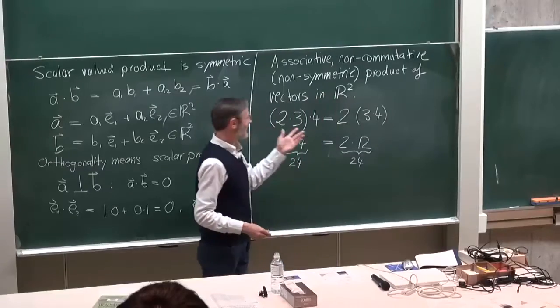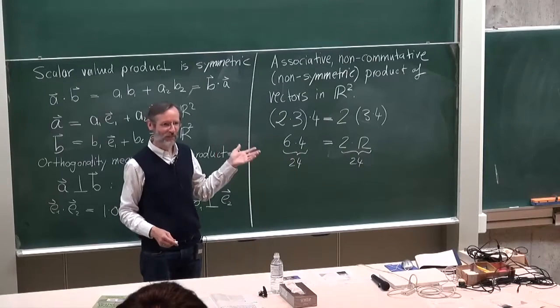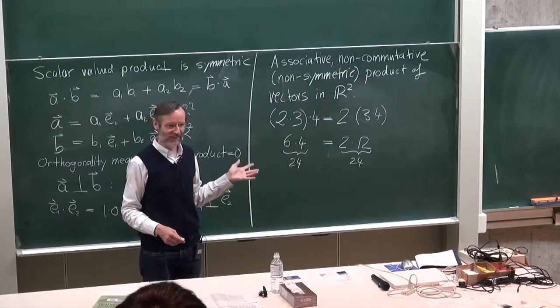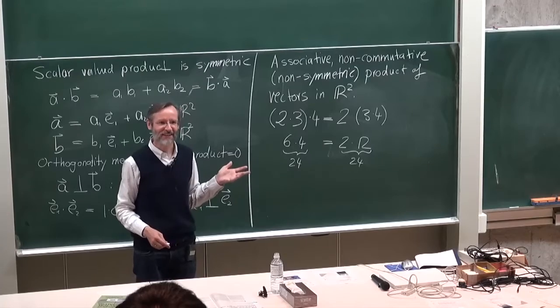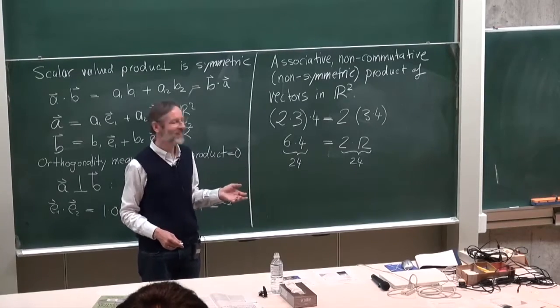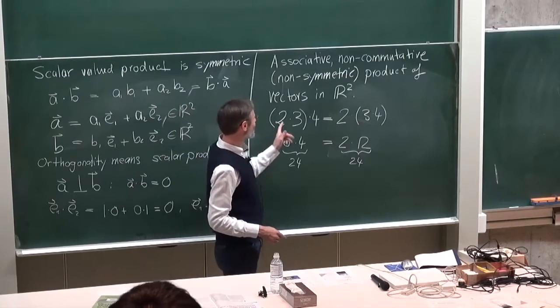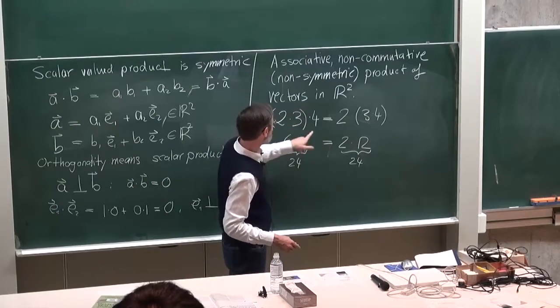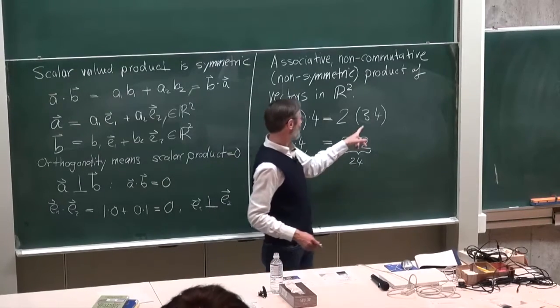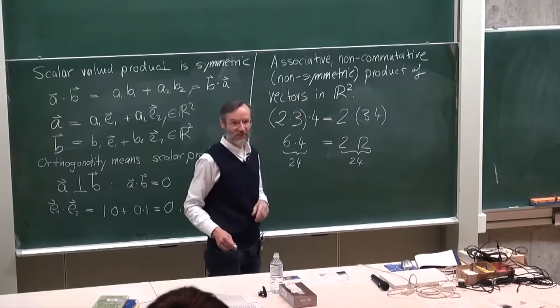So you say the multiplication of real numbers is associative. It doesn't matter what you multiply first. Either 2 and 3 first, and then this is done with 4, or first 3 and 4, and then with 2.